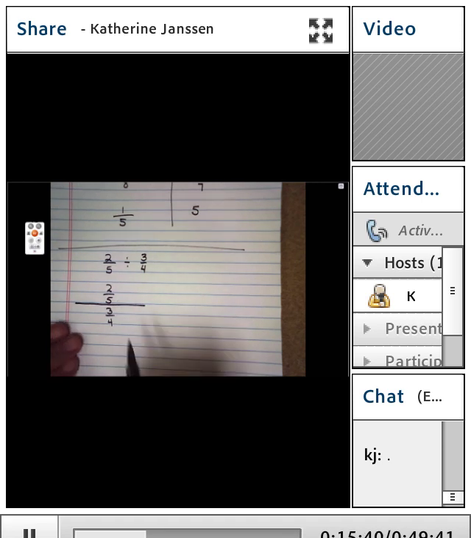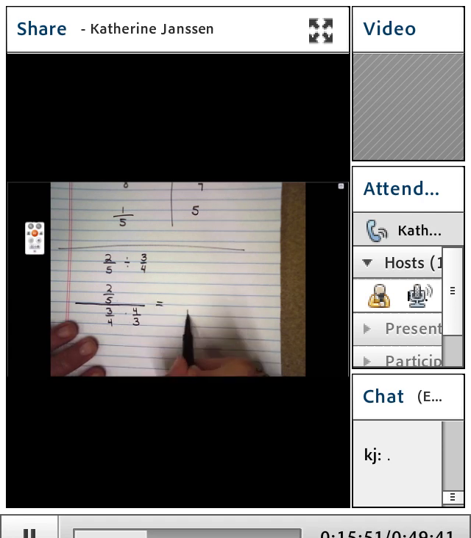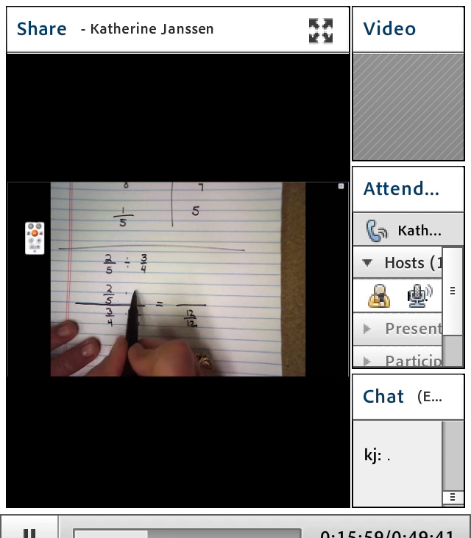Now, if I multiply by the reciprocal, interchange the numerator and the denominator in the denominator's position, I get 12/12. But if I multiply by the reciprocal in the denominator's position, I'll have to multiply by the reciprocal in the numerator's position.